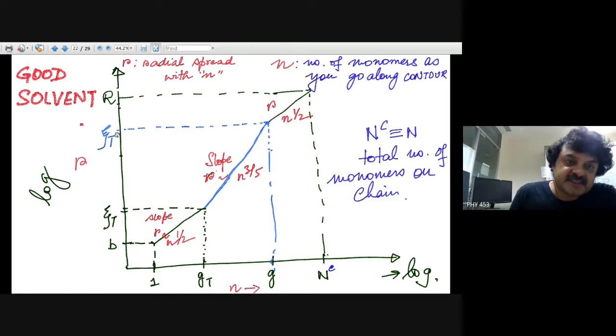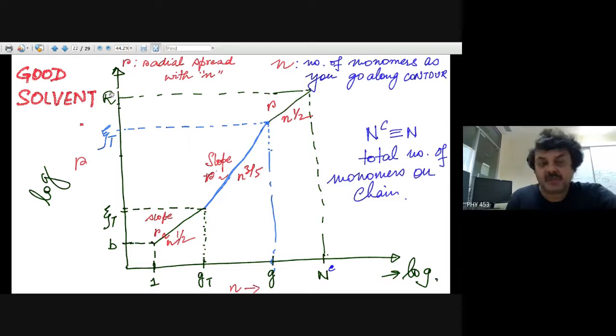And sorry, this can't be zeta_T, this has to be just zeta, the correlation blob length scale without the T, right? Here we're increasing the number of monomers as you go along the contour. Here it's a length scale, and R is the total size of the polymer.